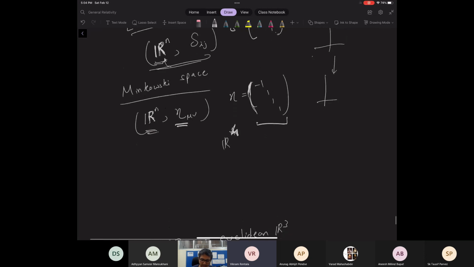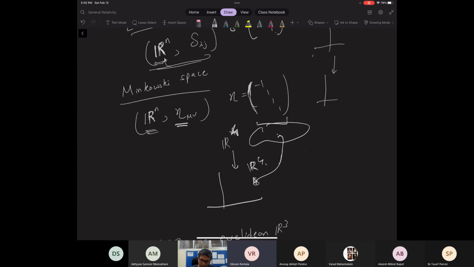And I can again cover the entire space by a single coordinate patch. So every point on this manifold, R4, can be mapped to a point in R4 in the usual way.